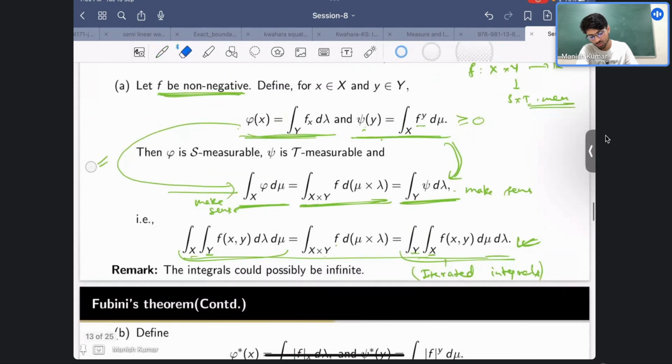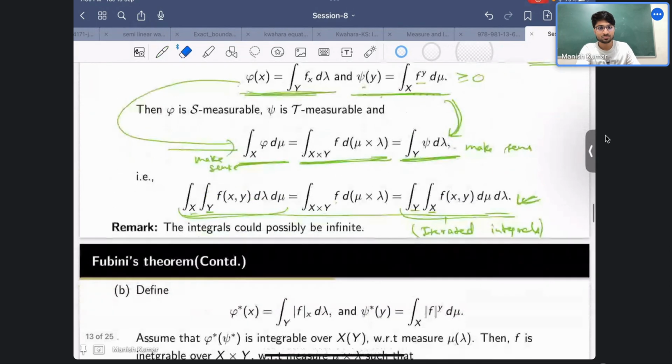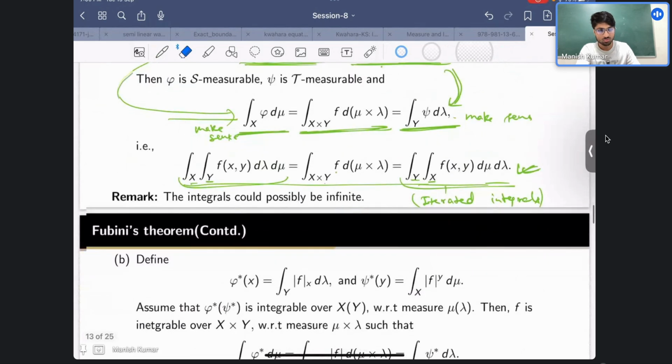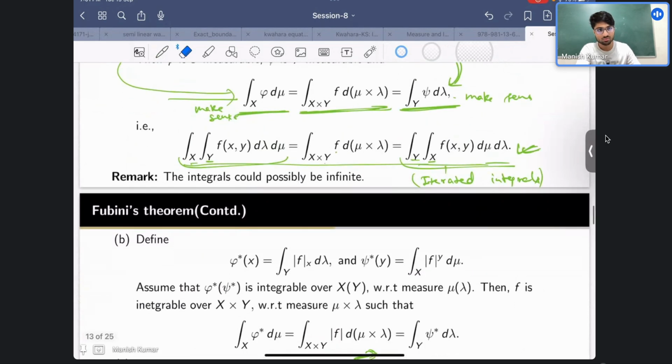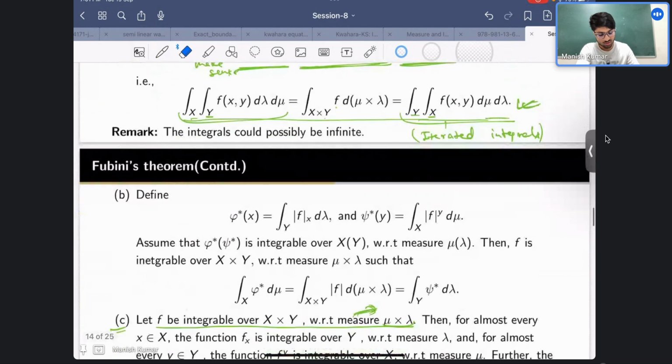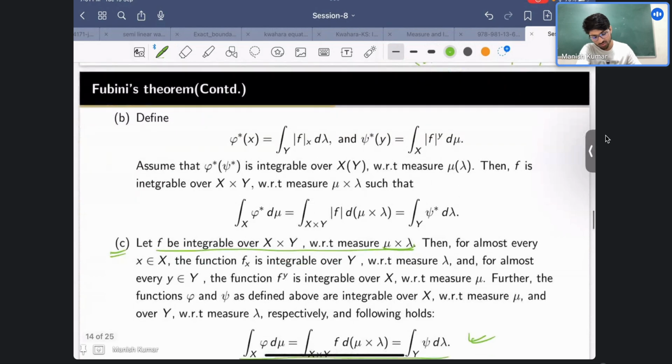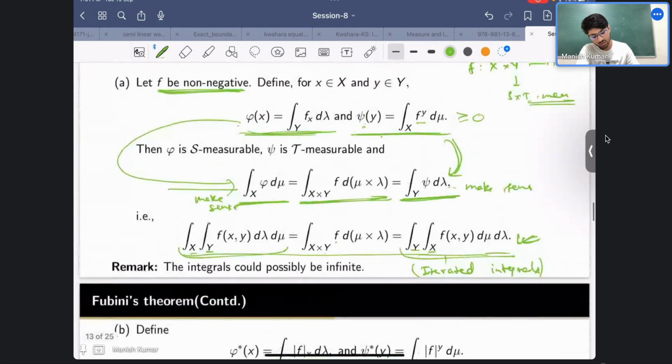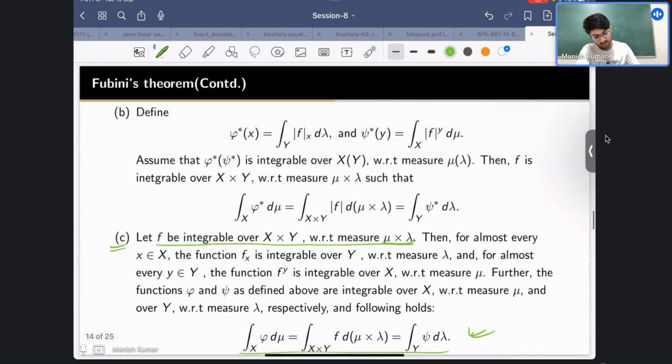I have a few exercises at the end, so from those examples it will be much more clear how to use these things. For now, just remember that if you have a non-negative function, you can do this, and if you have any integrable function, then also you can do this.